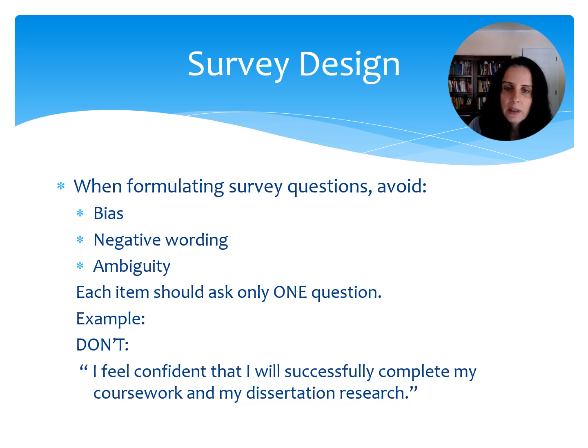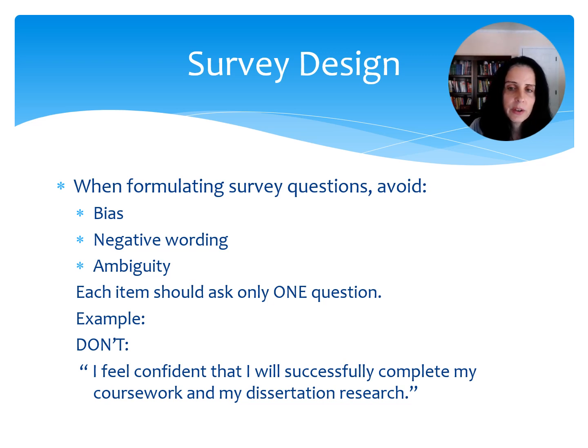If a student indicates that he or she strongly agrees with this statement, as researchers, how can we determine whether she feels the same way about her coursework as she does about her dissertation? These are two different things. Even students may feel confused when trying to answer this question, so we should have two separate items for them.